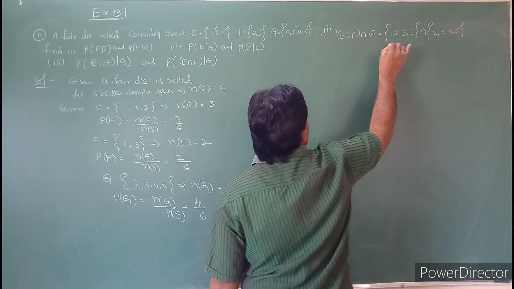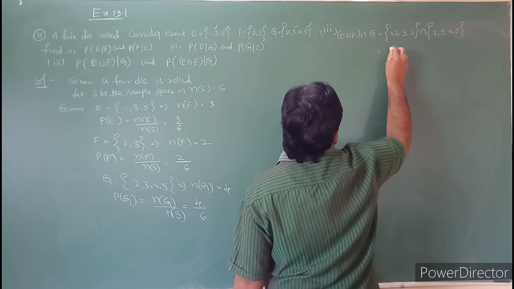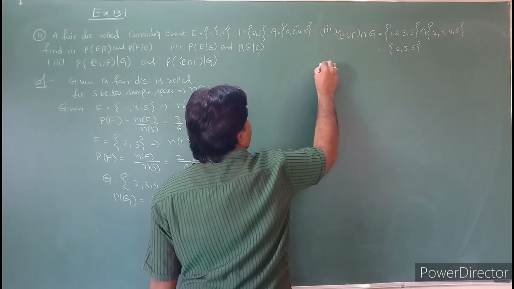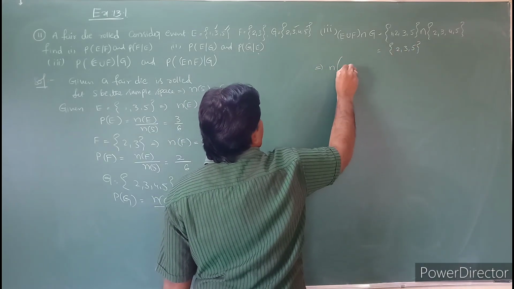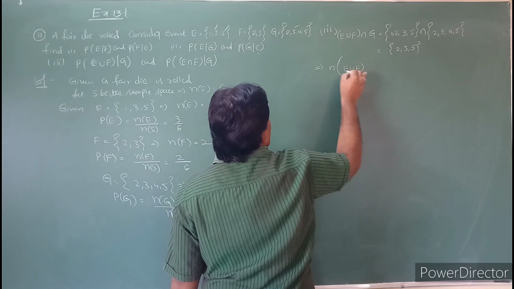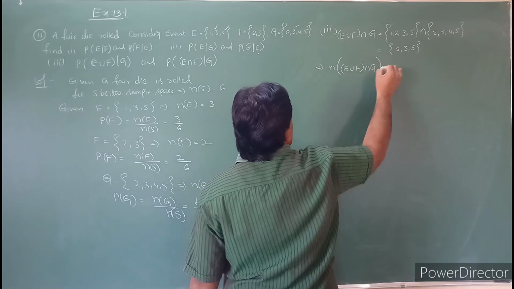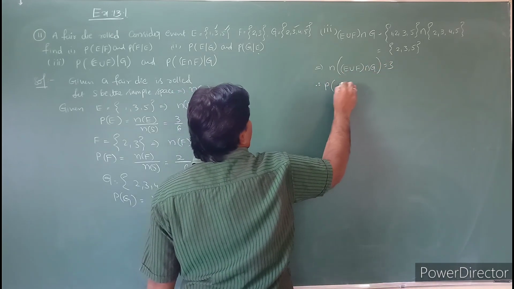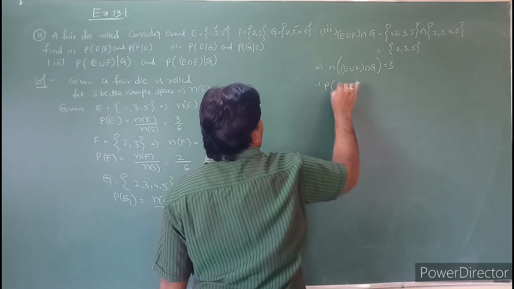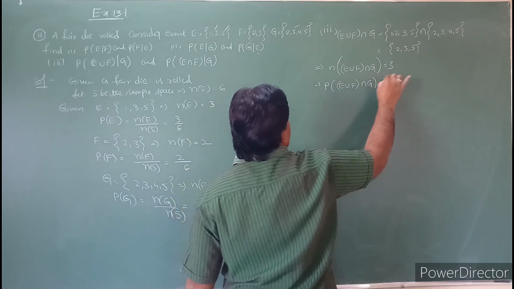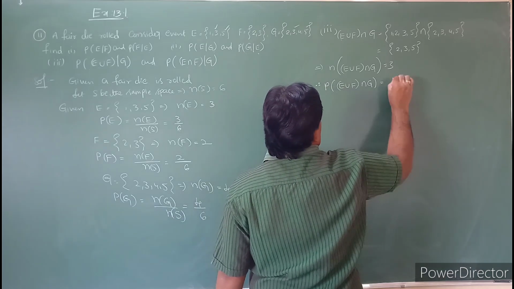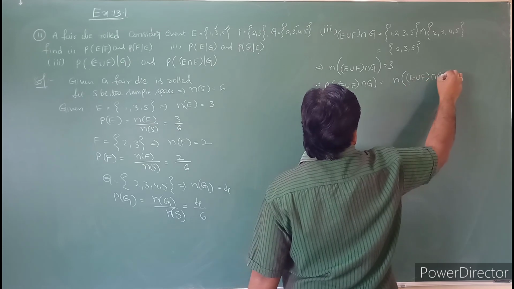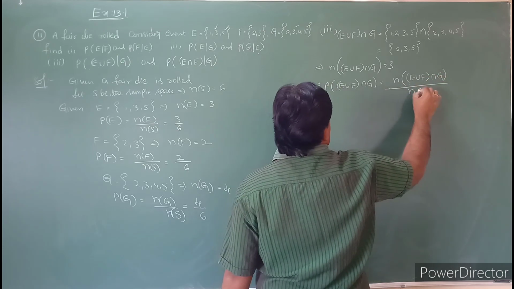So what is the intersection, students? The common elements are 2, 3, 5. So that implies n of E union F intersection G is equal to 3. Therefore, the probability of E union F intersection G is equal to n of E union F intersection G divided by n of S.